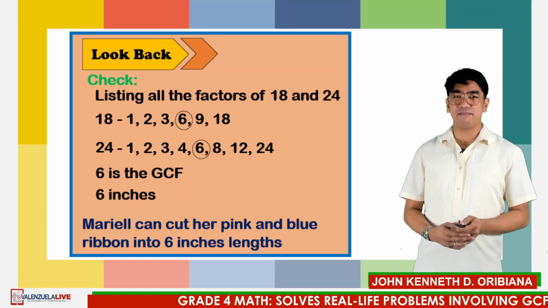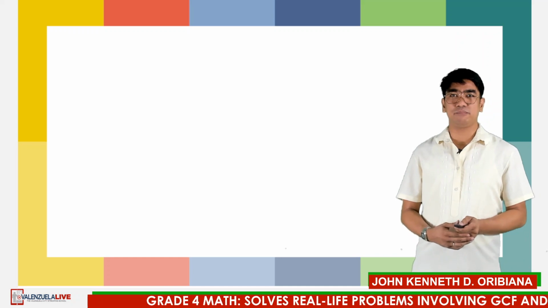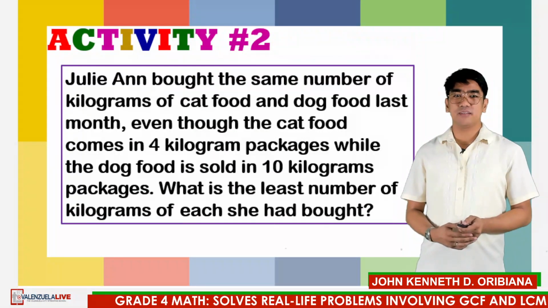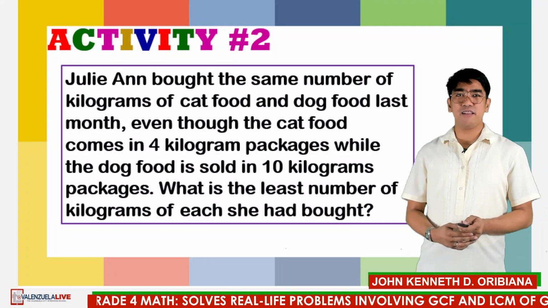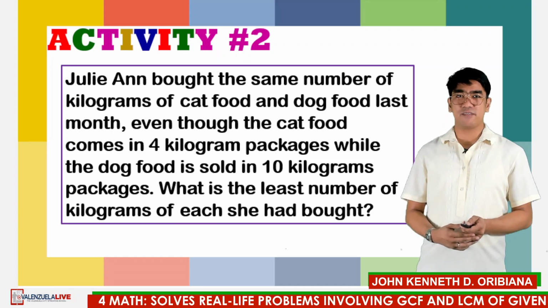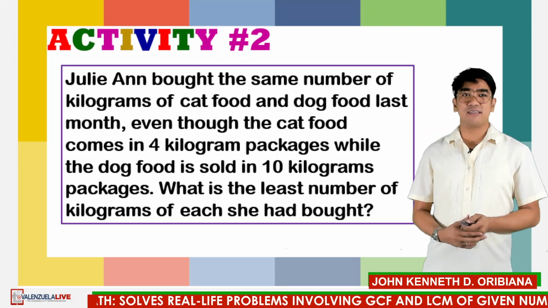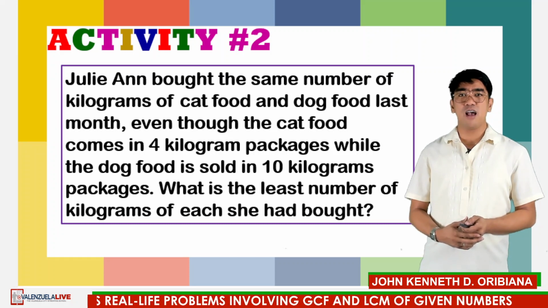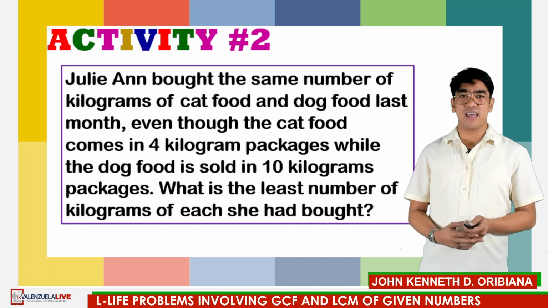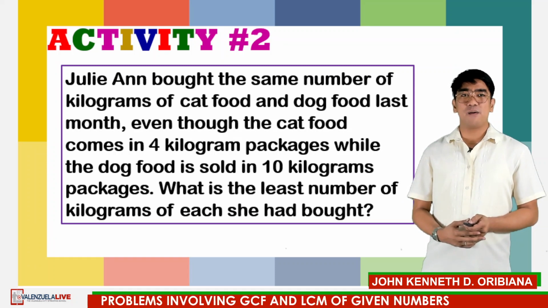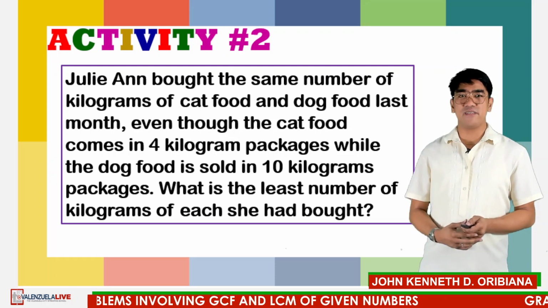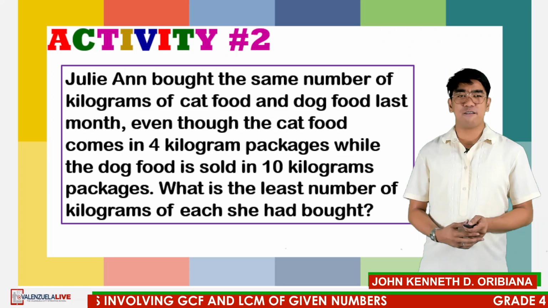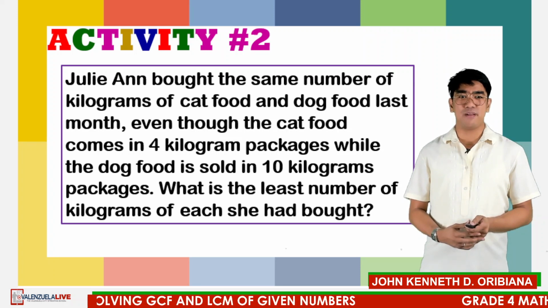Now let us have the second problem. Julianne bought the same number of kilograms of cat food and dog food last month, even though the cat food comes in 4-kilogram packages, while the dog food is sold in 10-kilogram packages. What is the least number of kilograms of each she had bought? So you have 1 minute to answer this problem.